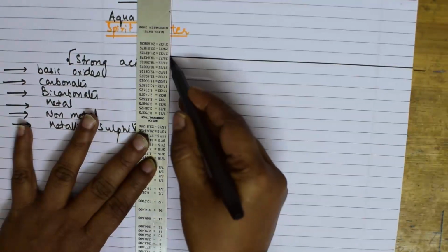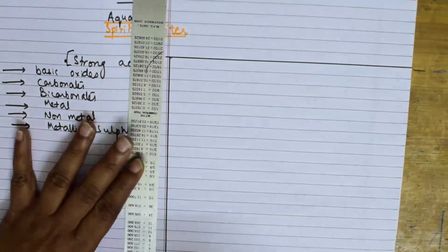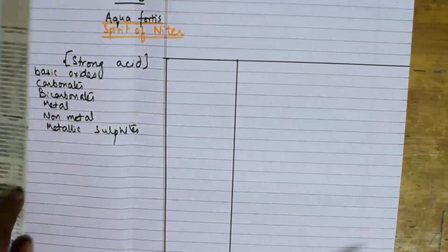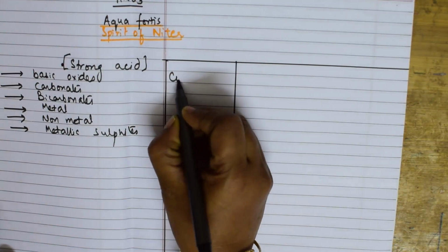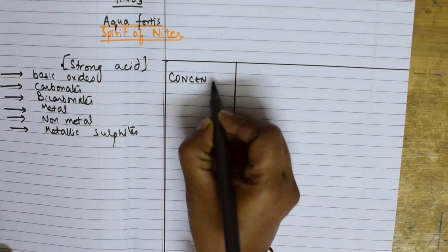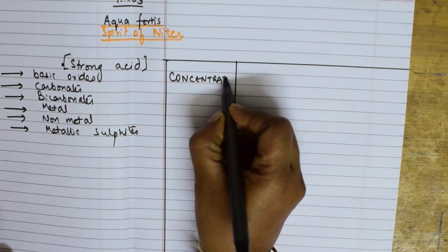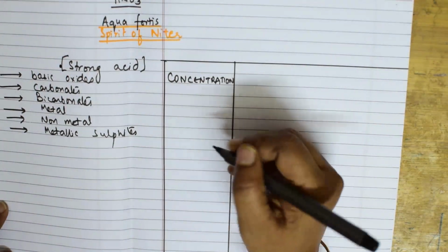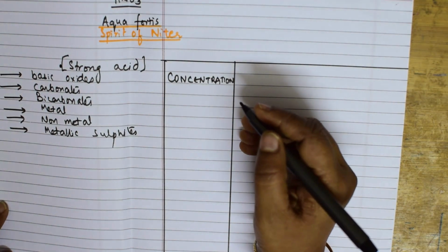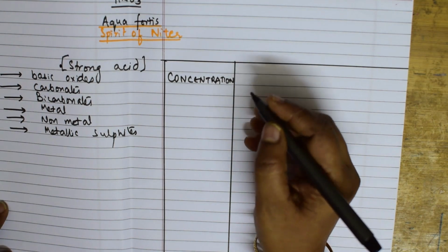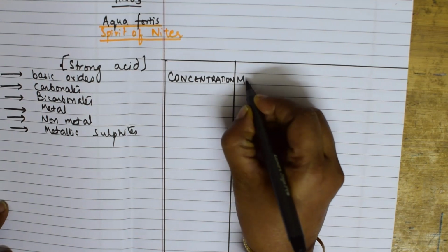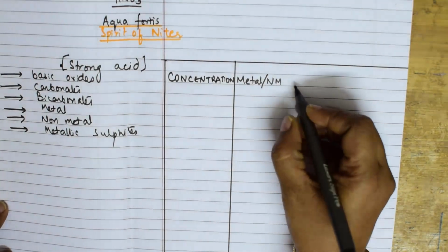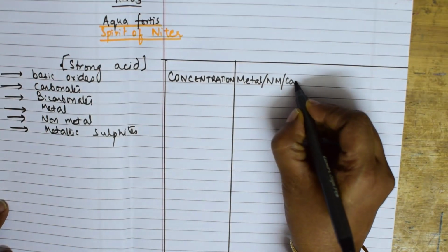This is the most important tabular column for nitric acid. The first column we'll write with the heading concentration. Let me put it in caps. After this, the next column would be which one is reacting: metal, non-metal, metallic carbonates, sulphates, or what it is. Suppose it reacts with metals, what are the products? If it reacts with non-metals, what are the products? If it reacts with carbonates, what are the products?